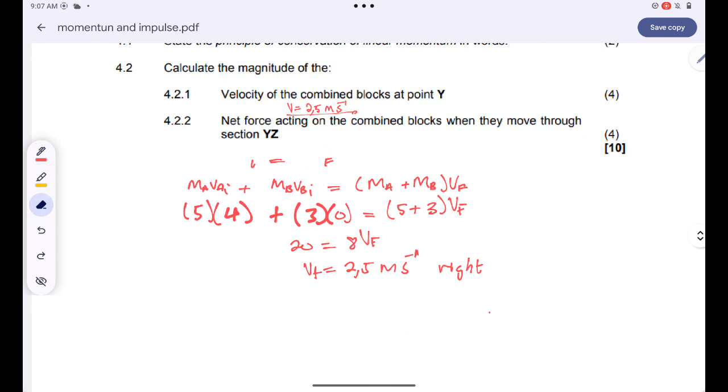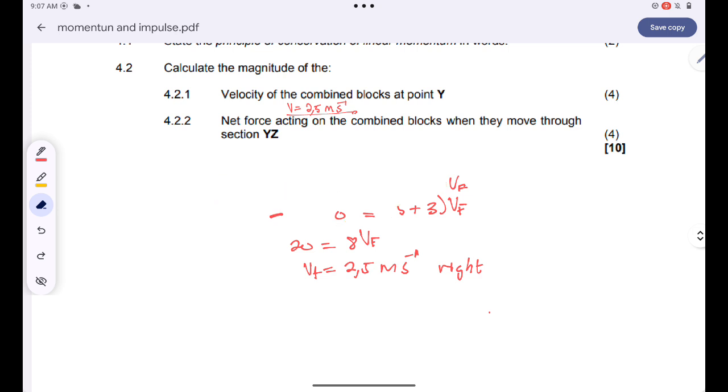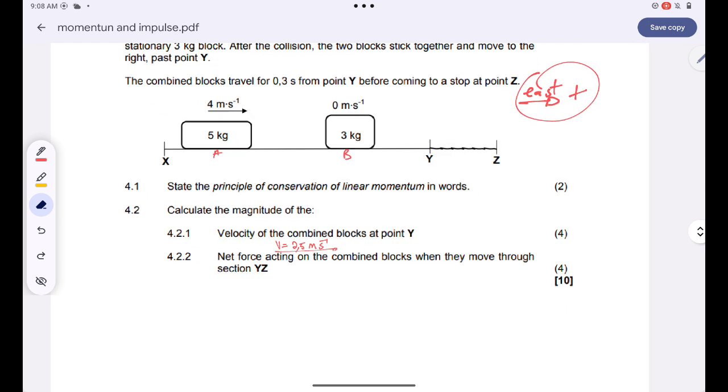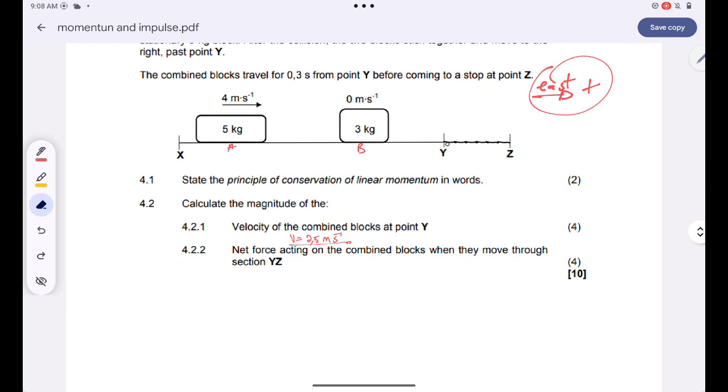And then the following question, they want us to find the net force acting on the combined blocks while they move together through path YZ. I know that they will take 0.3 seconds to move there.